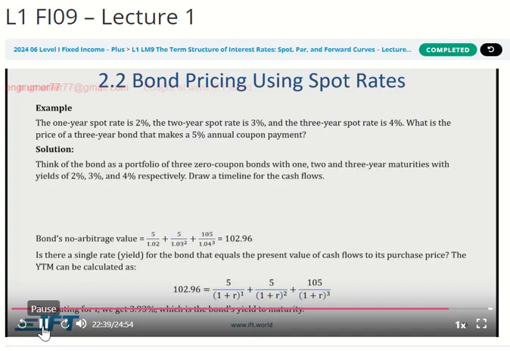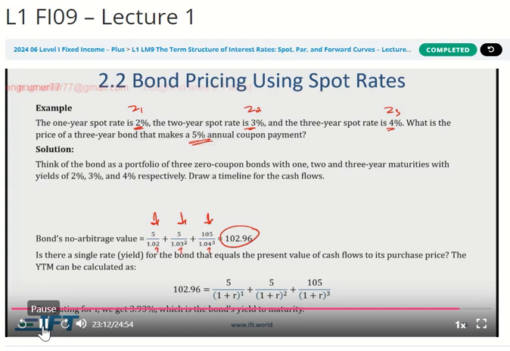Okay, so hopefully you were able to do that. Since it's a 5% annual coupon bond, your payments are going to be 5, and then the final cash flow coming in at 105 because the last payment is there, and then each of these Z1, Z2 and Z3 will be used to discount the cash flows, and what you should get is the present value as 102.96, right?